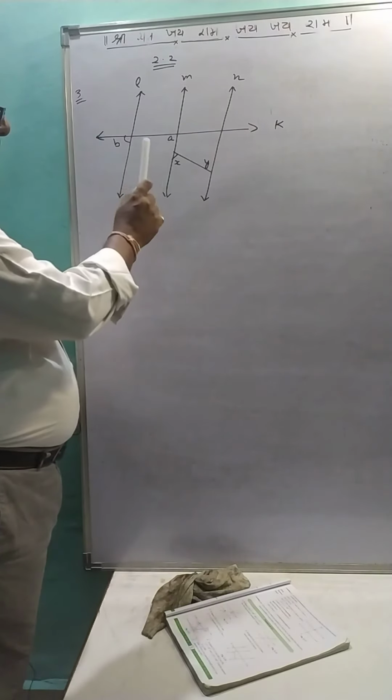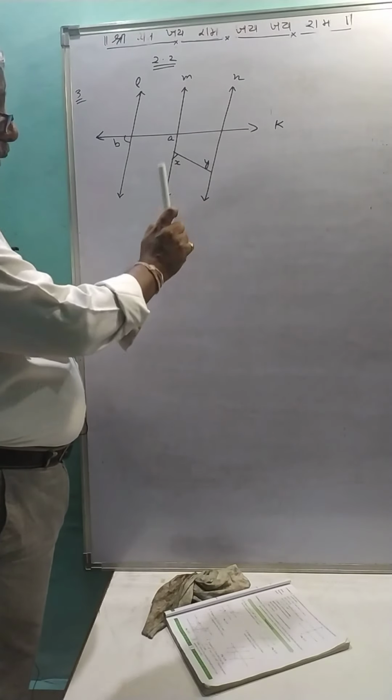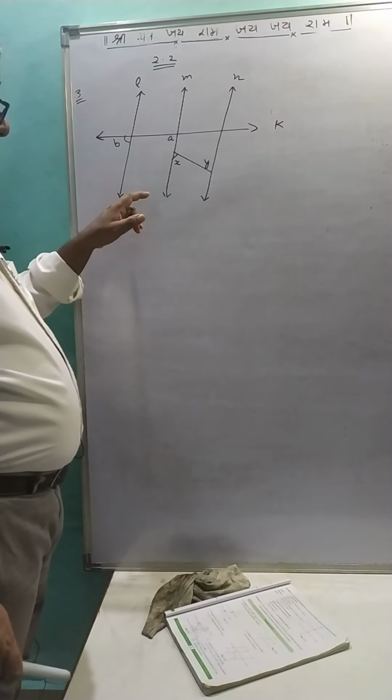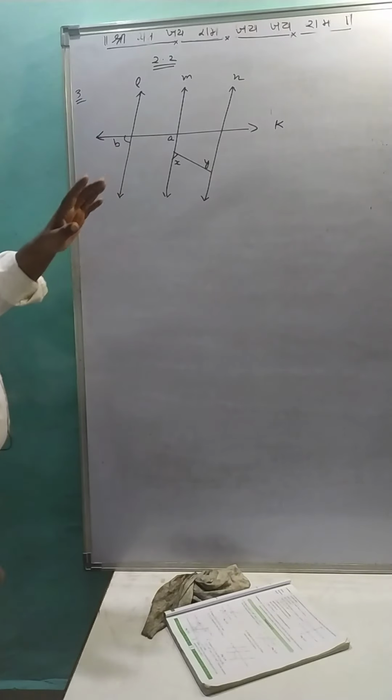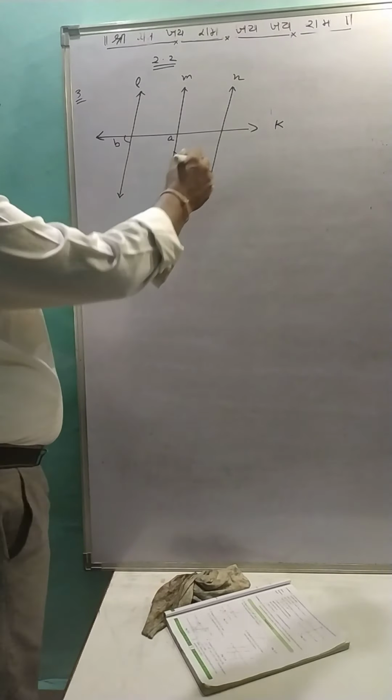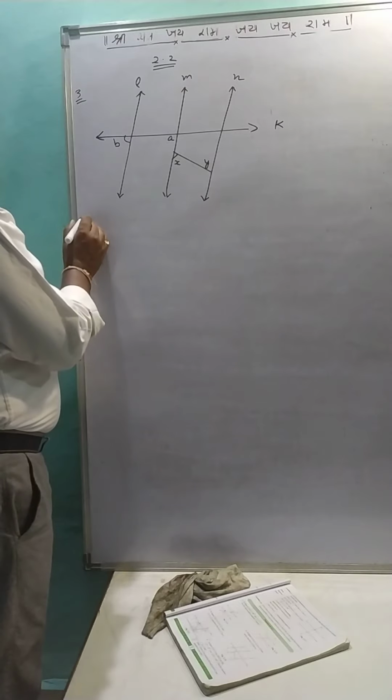Now L is parallel to M and M is parallel to N, that's why L is also parallel to N. Okay, now we write it. Solution.